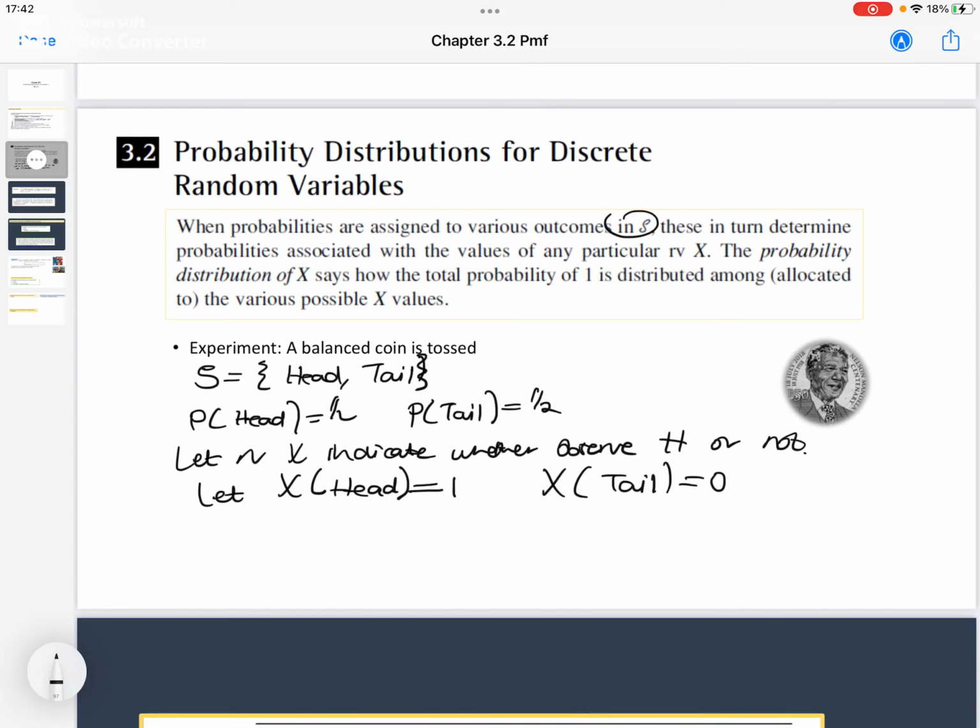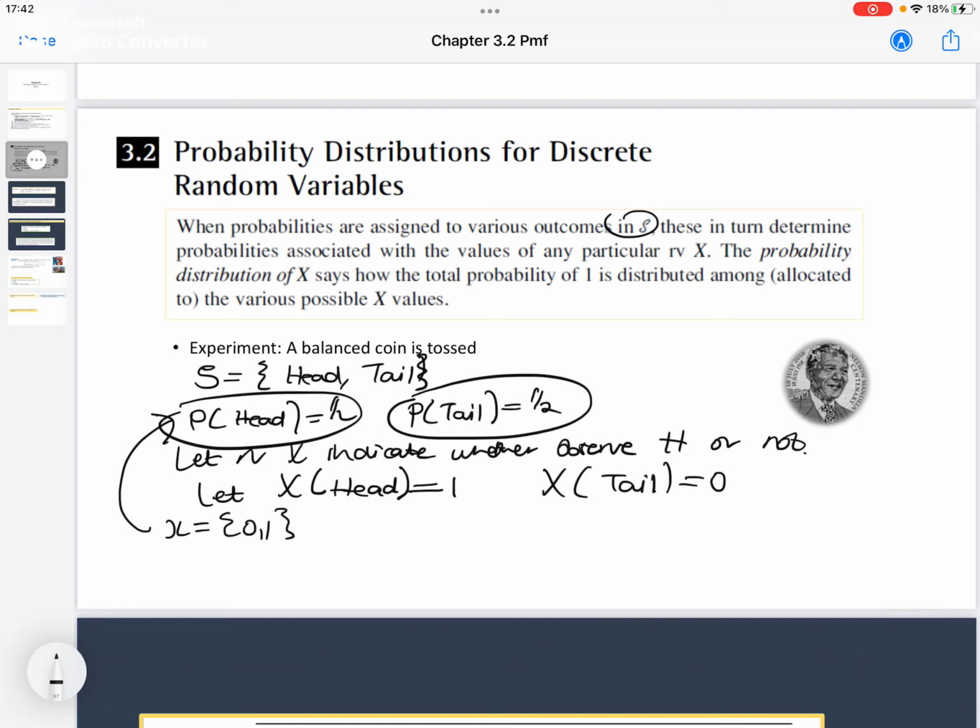So for our random variable x, we have possible values 0 and 1. Now using the information regarding the probability of obtaining a head or tail, can you calculate the probability of observing x equal to 0? Or the probability that x is equal to 1?